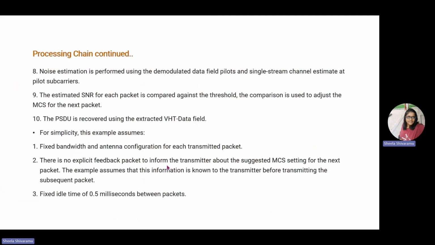It is also assumed that there is no feedback latency for the MCS feedback, so the chosen MCS information is known to the transmitter before transmitting the subsequent packet. They also assume a fixed idle time of 0.5 milliseconds between each packet.